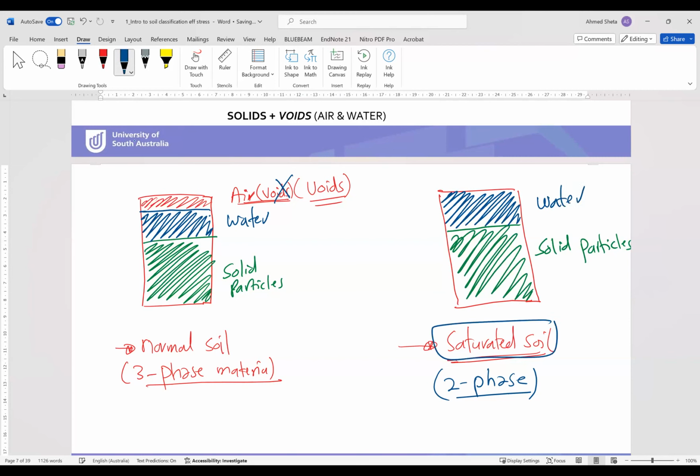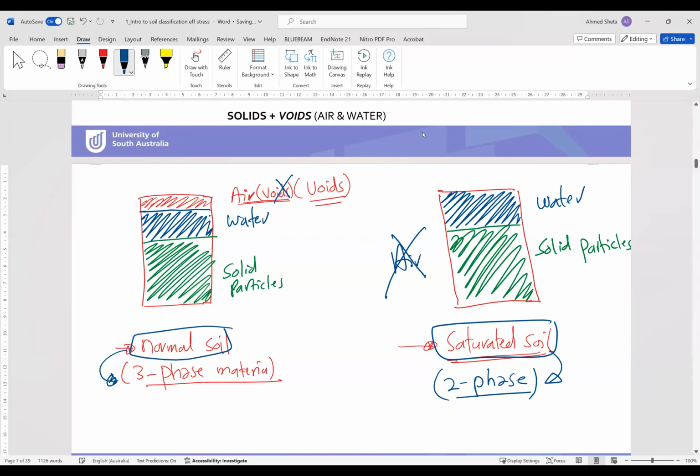So the saturated soil is different from the normal soil. Saturated soil is two-phase, normal soil is three-phase. There is no air in the saturated soil. Okay? Do you have any question for that?